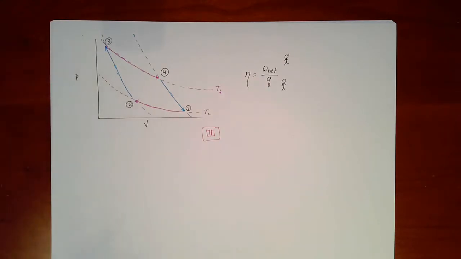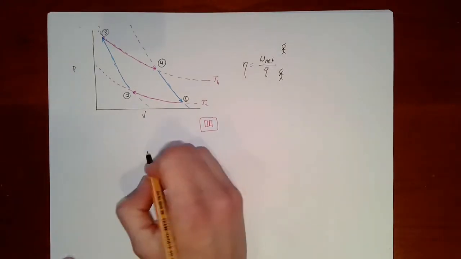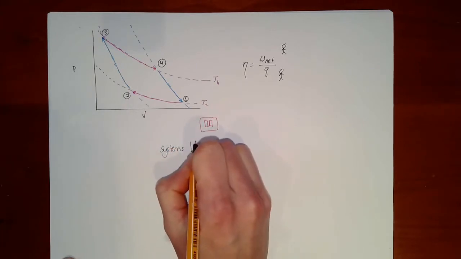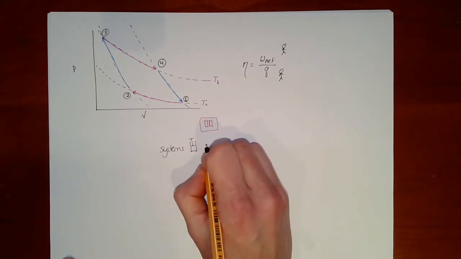All right, so I'm going to write down my tracking of those parameters. So let's think about systems. Let's represent that by our frictionless massless piston, and humans.